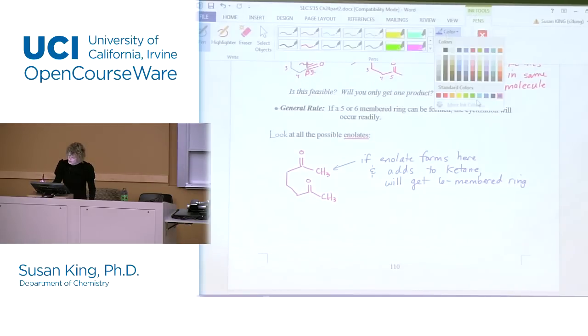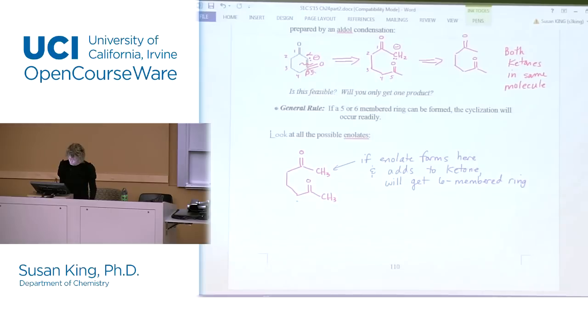If it forms on the other side, if the enolate forms here, we'll get a 4-membered ring, which is certainly not favored. All right, so that's actually going to be an aldol that's going to work very, very well for us.